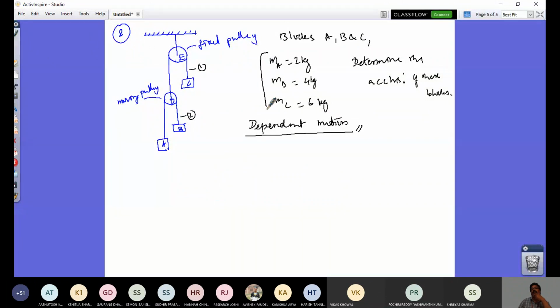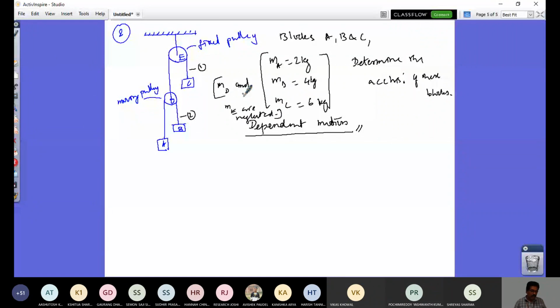That means you can neglect those masses. Those are guide pulleys, and their masses will be negligible, maybe a few grams. So you neglect that in the analysis. The masses of D and E are neglected. That's what you have to consider.